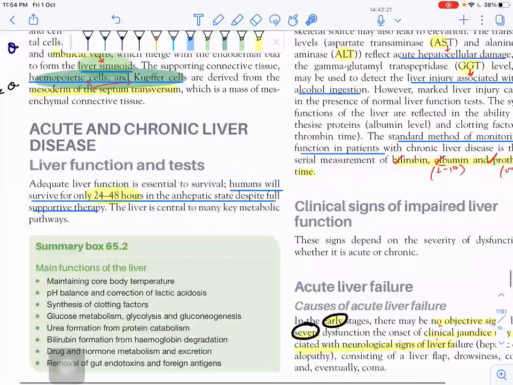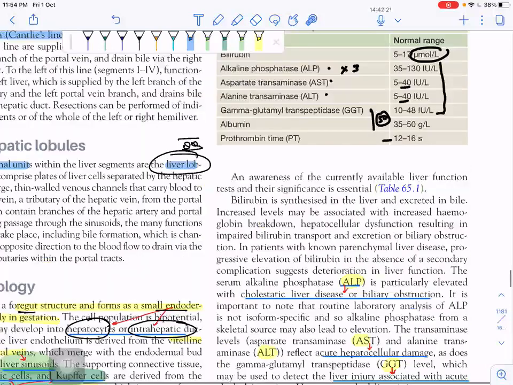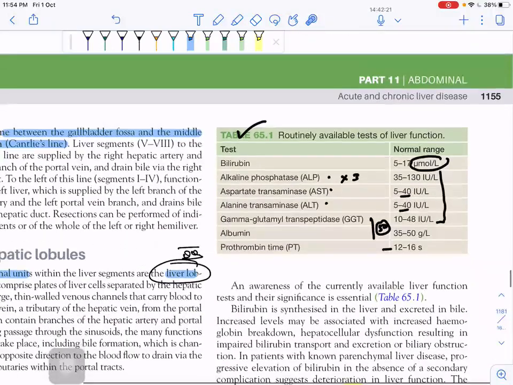Then you see the routine lab values: bilirubin, ALP, AST, everything they are giving. In that, bilirubin is given in micromoles per liter. It is 5 to 17 micromoles per liter. The ALP is 35 to 130 international units.